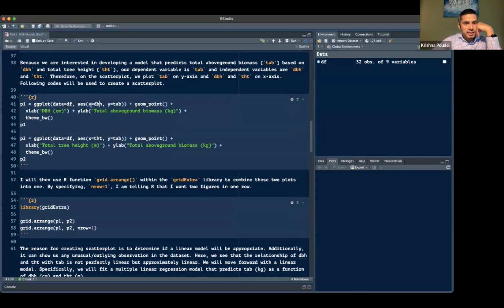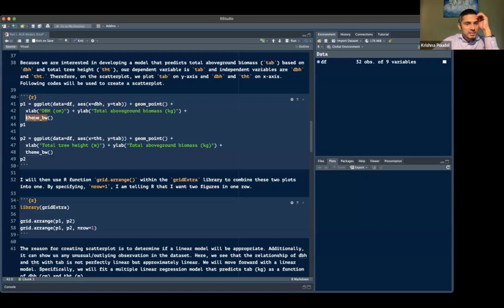For the aesthetic, the x-axis variable is DBH and the y-axis variable is TAB, total above ground biomass. Then I want to plot points, which will give me a scatter plot. I can also label the x-axis using xlab and the y-axis using ylab.